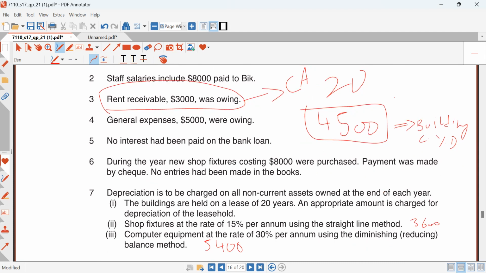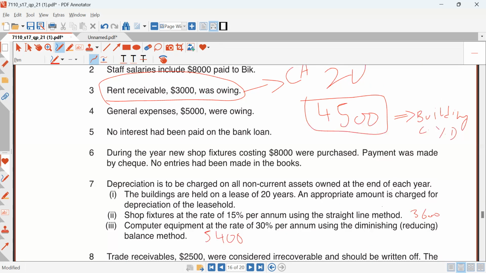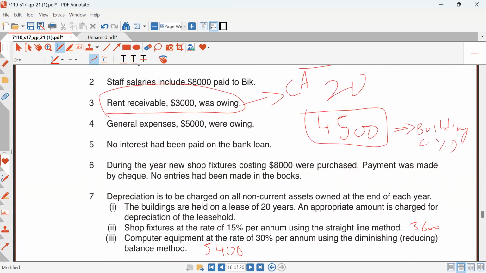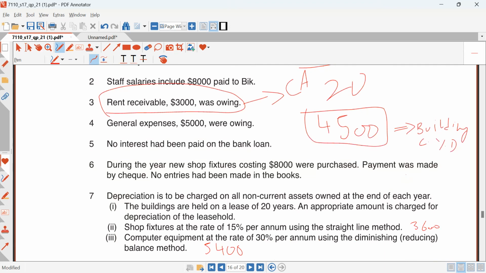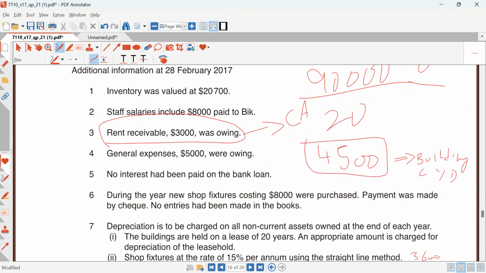What is that adjustment? Basically the adjustment for drawings is staff salaries include 8,000 paid to BIC. So 8,000 is being paid to BIC.